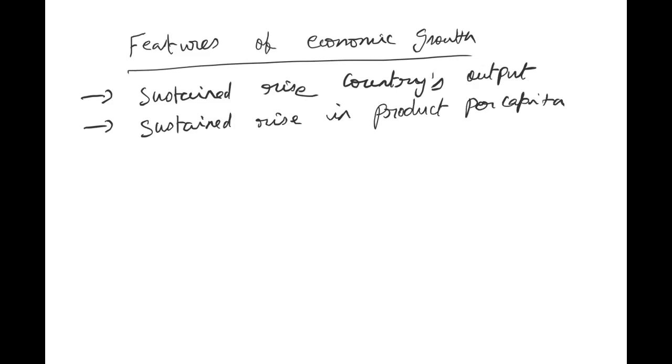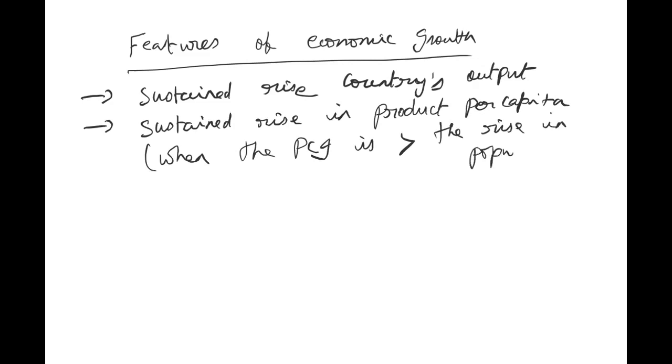And this will happen only when the rise in per capita income is greater than the rise in population. Because if the population also increases simultaneously, then the per capita income automatically decreases.